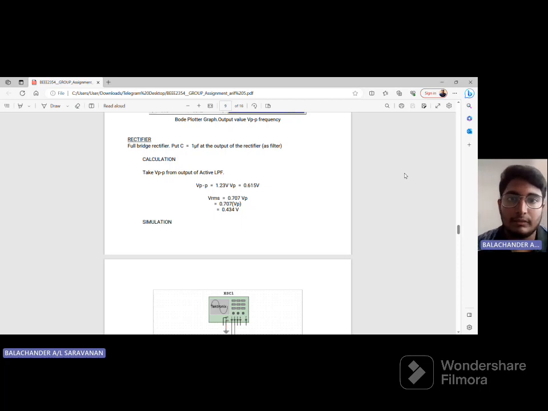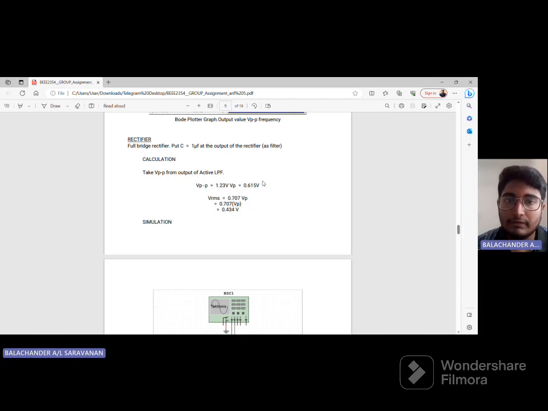Here we can see my calculation. First, the capacitor we assume as 1 microfarad. Then for the calculation, take the peak to peak value from the output of the LPF that we saw in the previous slide, which is 1.23 volt. To get the peak value, we divide 1.23 by 2 and get 0.615 volt.